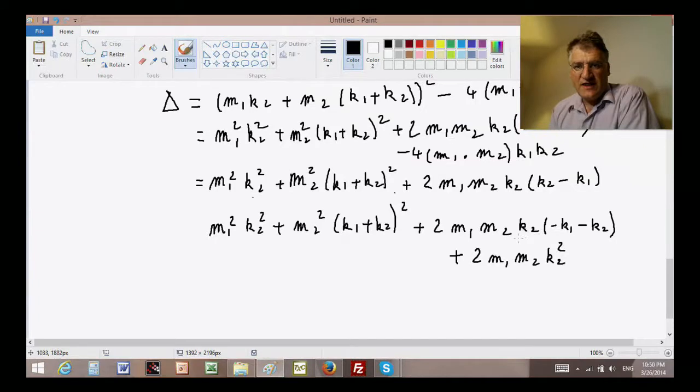Okay, and then the k1 term, which is here, is already present there. So I believe that we now have the proper expression. That is, we have four terms in k2.